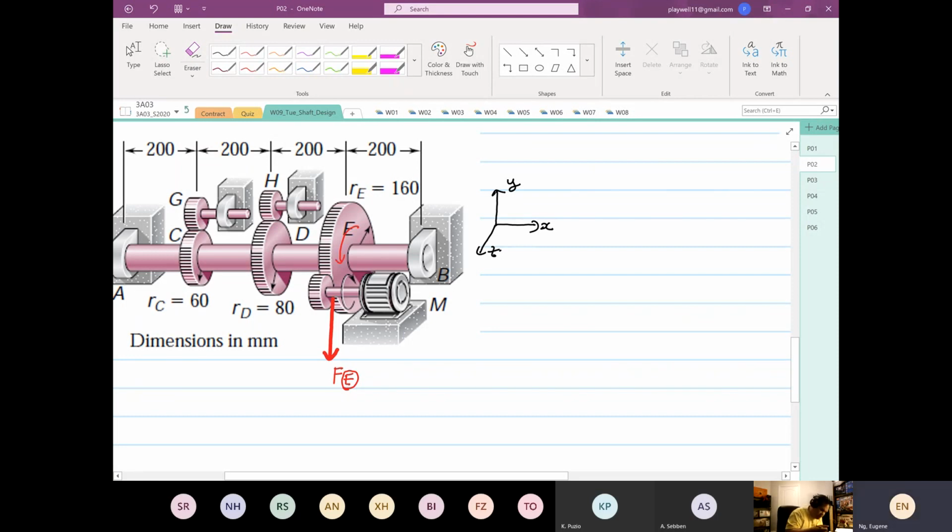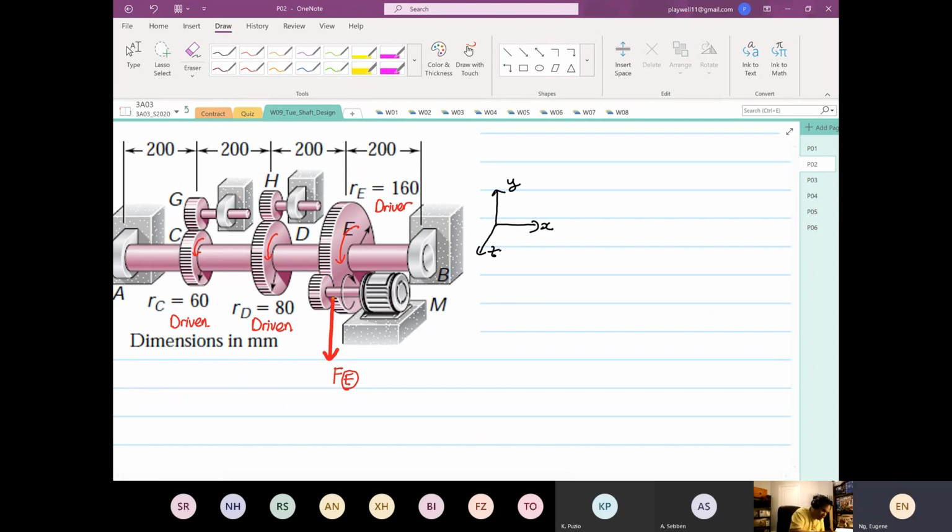So if gear E rotates in that direction, gear D will be in the same direction, and gear C will be in the same direction. So for this case, gear E is the driver on the shaft. Gear D and C are the driven.